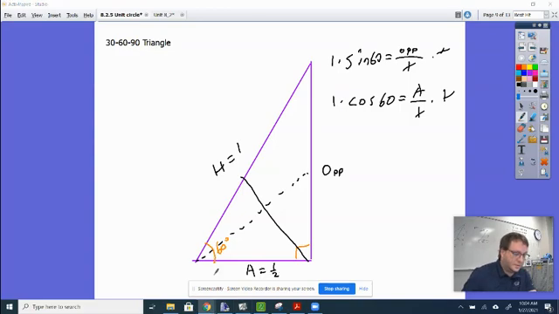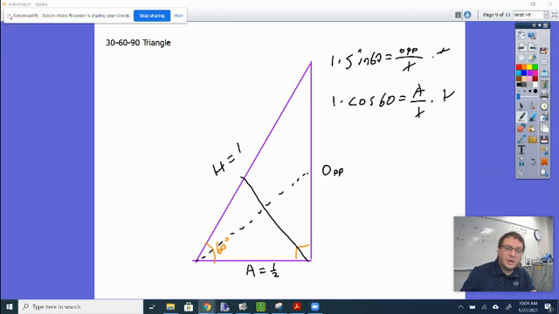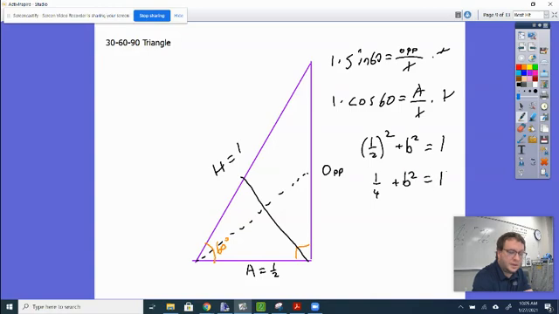Move this out of the way. So the nice thing here is we already have 2 sides. Now we just need to figure out what the exact value of that third side is. So I have a squared, so let's say 1/2 squared, plus b squared, the one side I don't know, is equal to c squared, which is 1. So 1/2 squared is going to be 1/4, plus b squared equals 1, minus 1/4 on both sides.